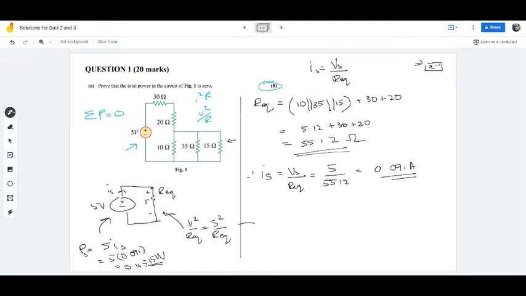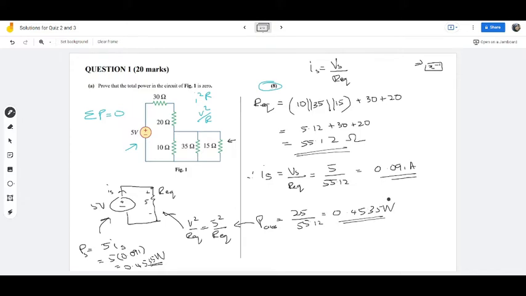How about the power absorbed? The power absorbed equals 5 squared, which is 25, over R equivalent, which is 55.12. Plug into your calculator and you will also get 0.4535 watt.